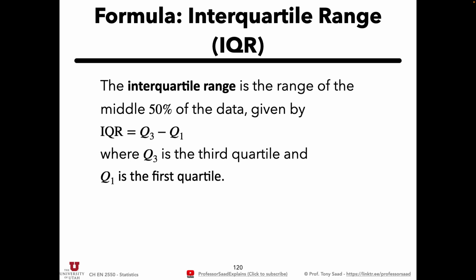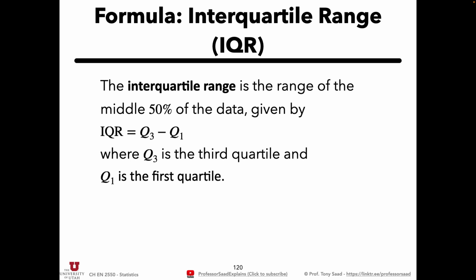It's a kind of range, but instead of taking Q0 and Q4 or the maximum range, if you take the difference between the 75th and the 25th percentile, so you're looking at the data right in the middle, from 25% to 75%, that's called the interquartile range, or IQR, and we will use that in a minute to be able to quantitatively identify outliers rather than just eyeballing an outlier when you plot a distribution, for example. So it's just a simple number, Q3 minus Q1, and you get your IQR.